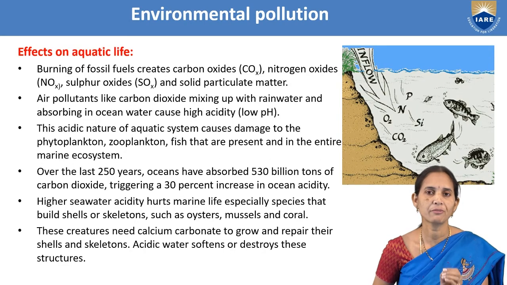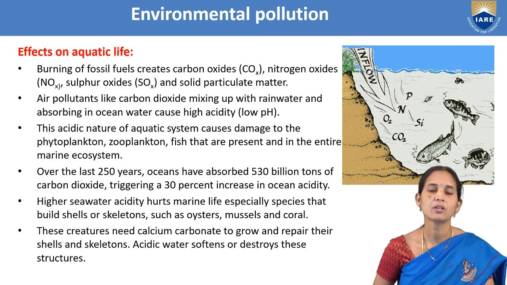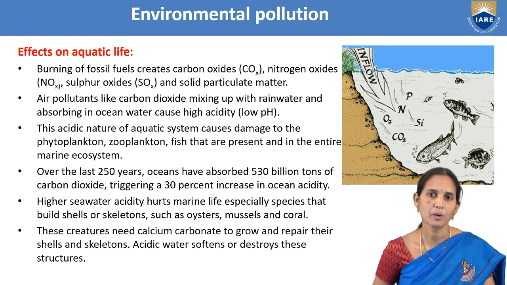We discussed the effect of air pollution on human beings and on plants. Now the effect of air pollution on aquatic life. Burning of fossil fuels creates carbon dioxide, nitrogen oxide and sulfur oxide, and we also get some particulate matter. Air pollutants like carbon dioxide mix with rainwater and are absorbed in the ocean water, causing high acidity, meaning low pH.